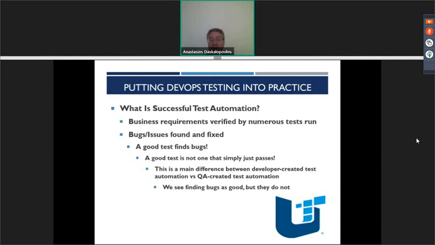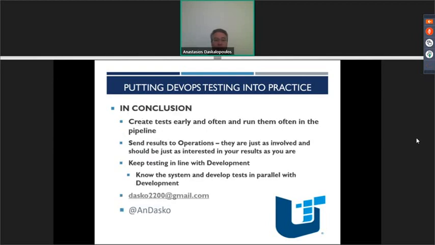A good test will find issues, find problems, find bugs. And then I have to say this, you can agree or disagree, we can discuss this. The main difference between developer-created test automation versus QA test automation is that we see finding bugs as good, but they do not.